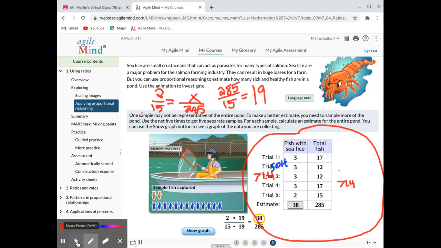So let's take a look at this. Angel Stewart, out of all of these that we got, we had 50.4, 71.4, 71.4, and 50.4, and 38. How would we be able to figure out about how many fish out of 285 have sea lice? What could I do with these amounts?